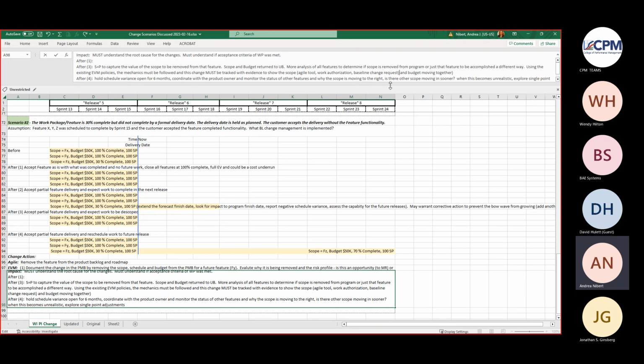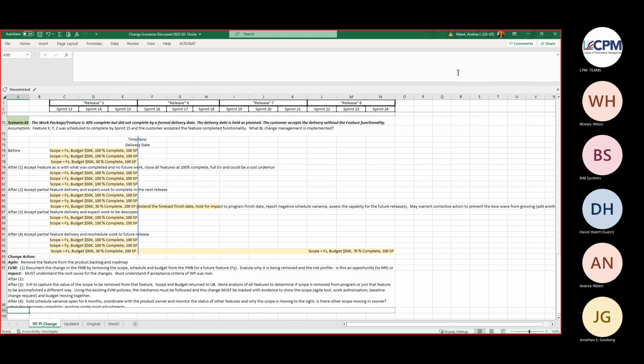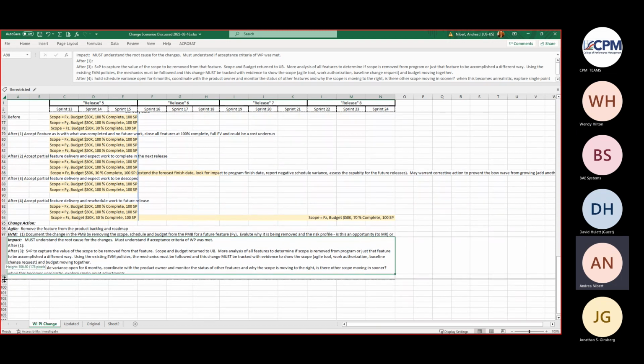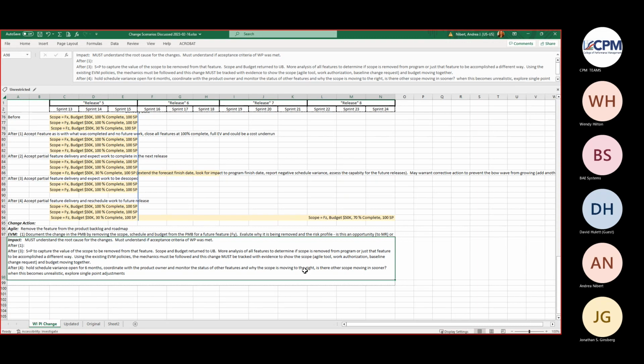In our Agile tool, our work authorization and our baseline change request are our evidence, and we are showing that the scope and budget are moving together. And then again, it goes back to monitoring that bow wave with the product owner. I like it.